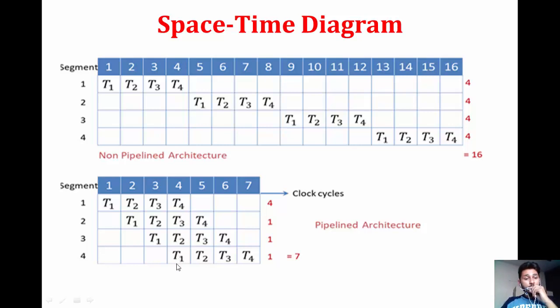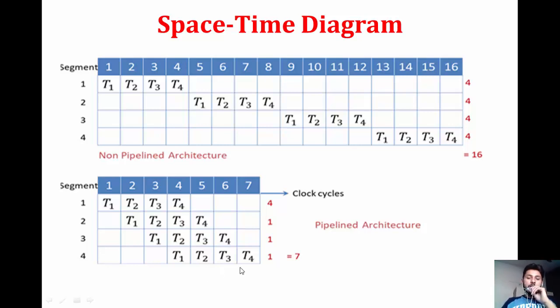So at the end of the 4th segment we'll have an actual output, right? It takes 4 clock cycles to fill the pipeline. Once the pipeline is full, we'll be able to produce a result after each clock pulse.